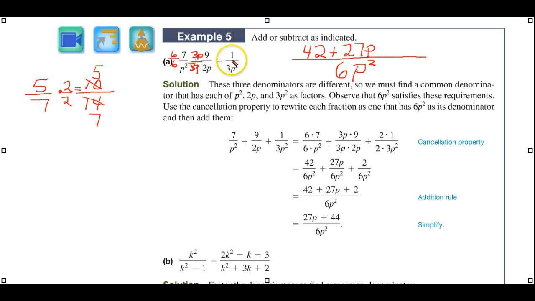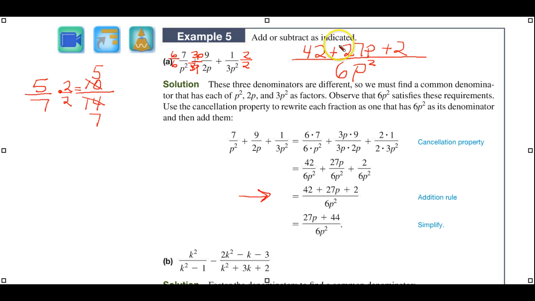And what do we have to multiply this term by to make our denominator 6p squared? And this one is 2/2. That's the form of 1 we're going to multiply this by. So our denominator becomes 6p squared and our numerator becomes a 2. Okay, so where are we? Well, we're at this stage here.